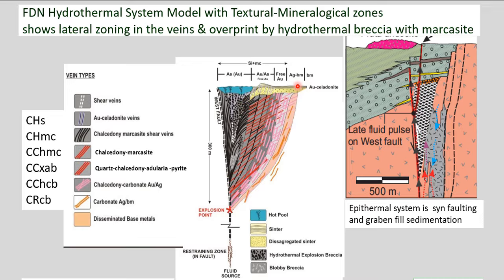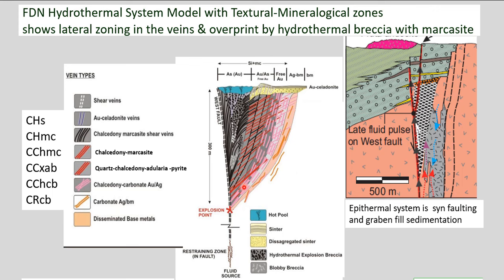Okay, so the sequence of formation there from the overprinting relationships is that the quartz veins form first, and they graded outwards to the carbonate veins, and then they got overprinted by the other part of the red veins, which are the chalcedony marcasite banded veins that have the good gold.